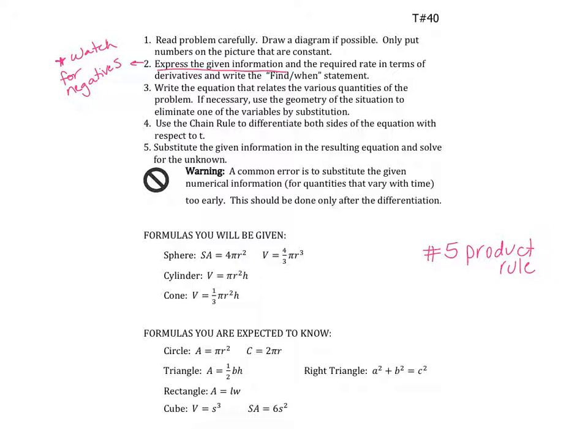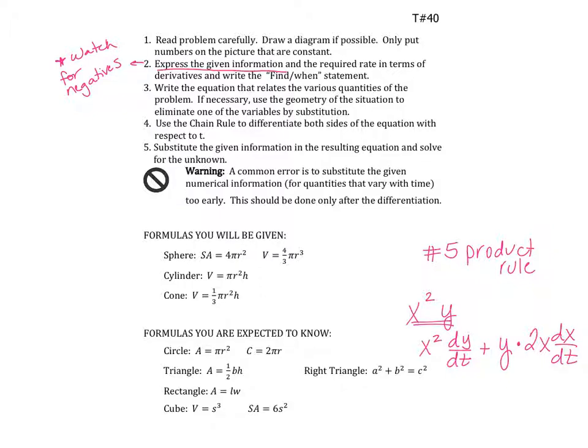I'm not going to write the actual formula, but if I were doing x squared y or something, if I was taking the derivative with respect to t, I would do first times the derivative of the second, so dy dt, plus the second times the derivative of the first, 2x dx dt.